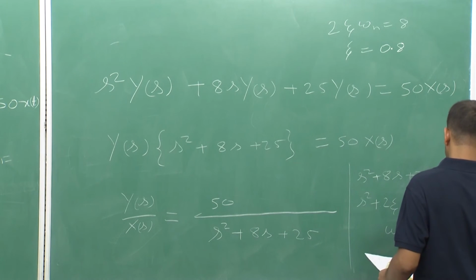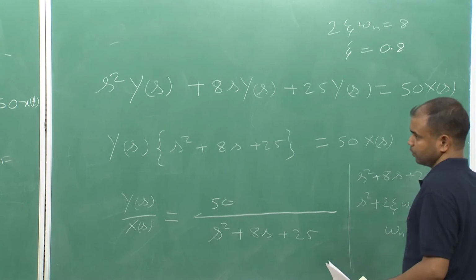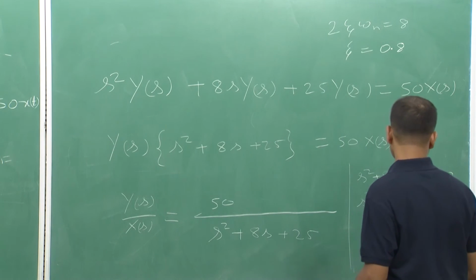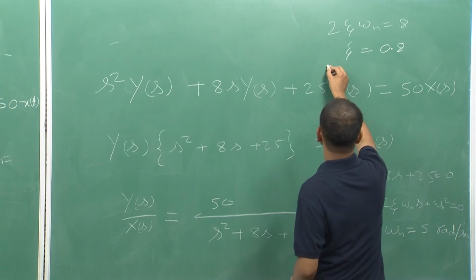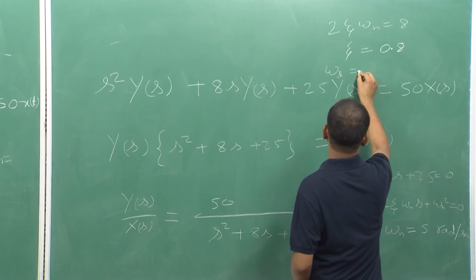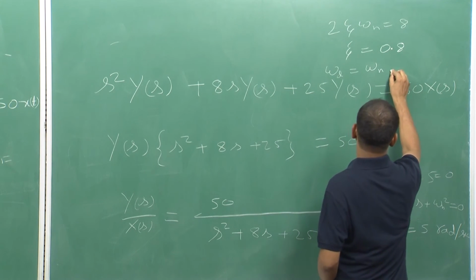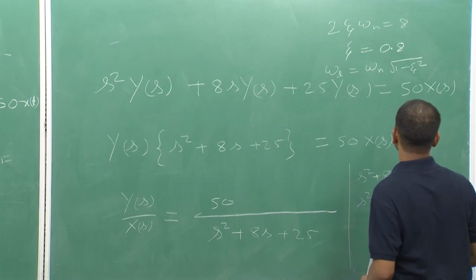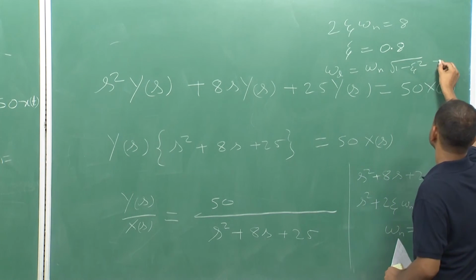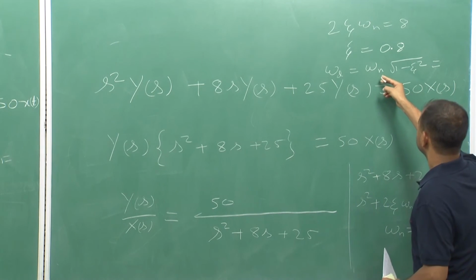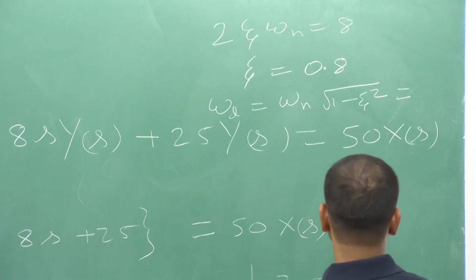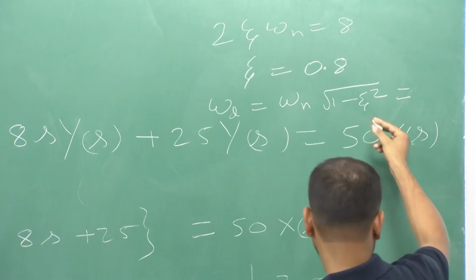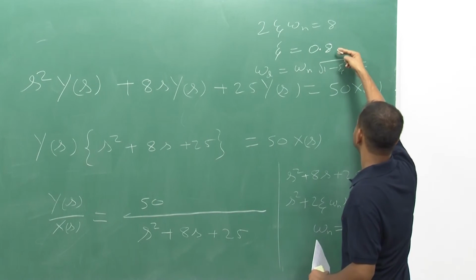and the omega d, we can write omega d equals omega n root over 1 minus zeta square, and from here, the omega n is 5 radian per second and root over 1 minus zeta square, zeta is 0.8.